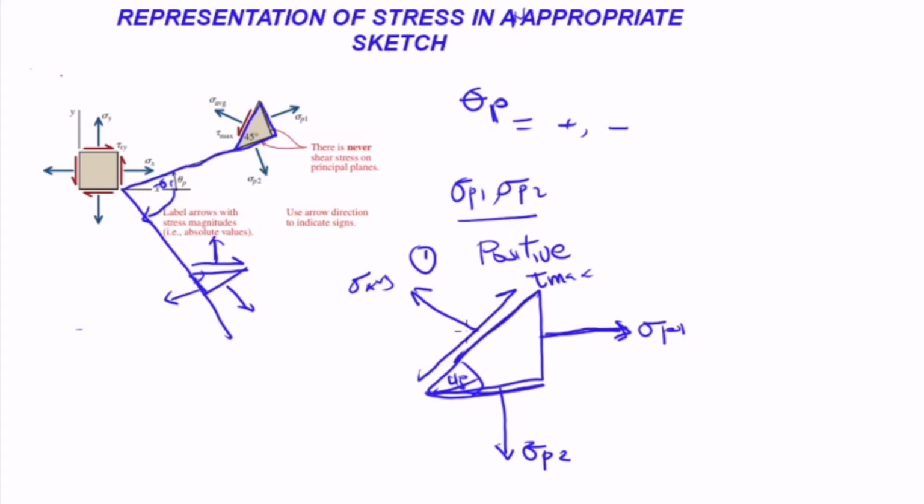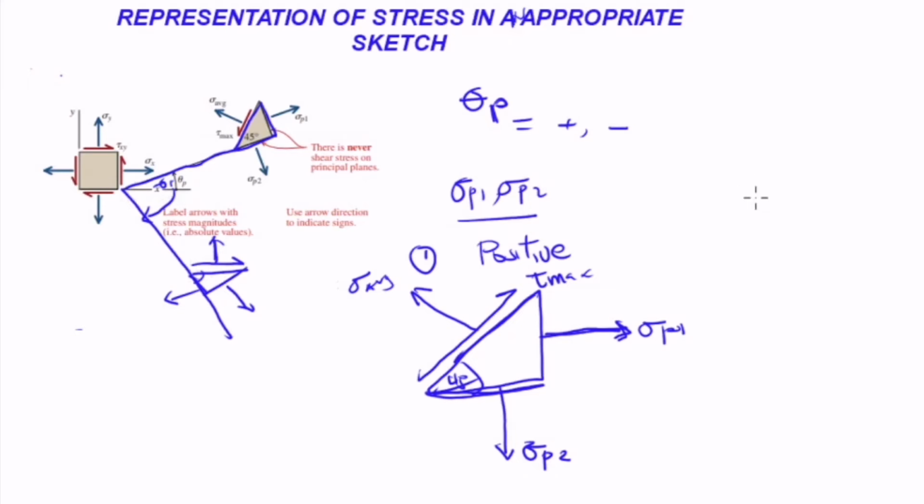But if it's negative, it comes down. So this is the first one. If both the principal stresses are positive, you will draw a wedge element like this. And you look at the angle. If the angle is positive, that means that the wedge element is going up, and this will be the angle. And if it's negative, the wedge element is coming down, which is this.